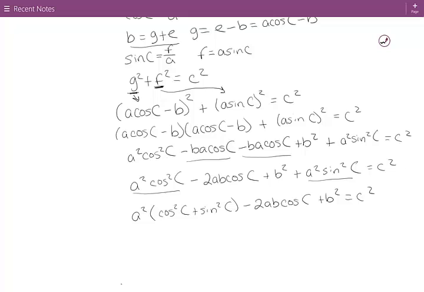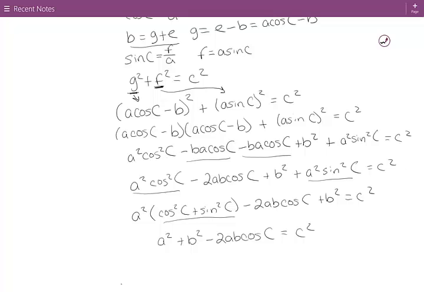Alright, so this right here is equal to 1, and now we combine everything: a squared plus b squared minus 2ab cosine of c is equal to c squared.